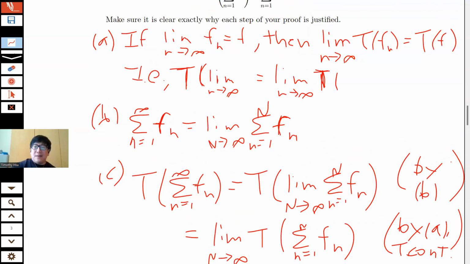Part A says if you have a limit inside T, you can pull it out.